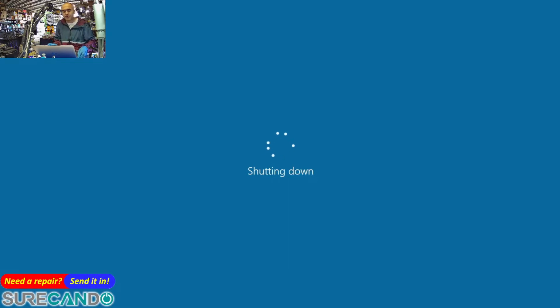Now I'm going to try the USB on this side only, and let's see if we get this problem at all. We're waiting for it to load.